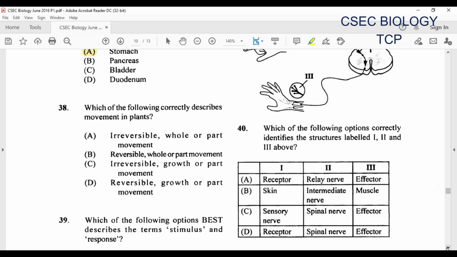Now this is a really tough one for me, and I'm going to tell you why. If we're supposed to look at pretty much tropism, when a plant moves and it turns towards the sunlight, if the sun changes direction, the plant will also change direction in order to get that sunlight, right? Now, whole or part movement.